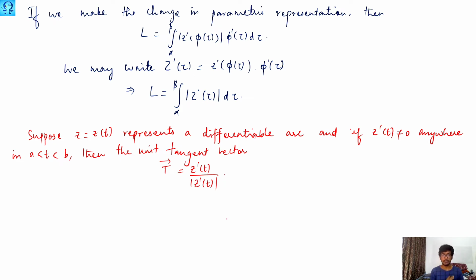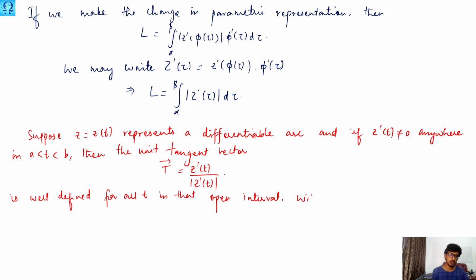So with the help of a curve we are able to identify the unit tangent vector to the curve itself. This is well defined for all t in that given open interval, with angle of inclination the argument of z prime of t.